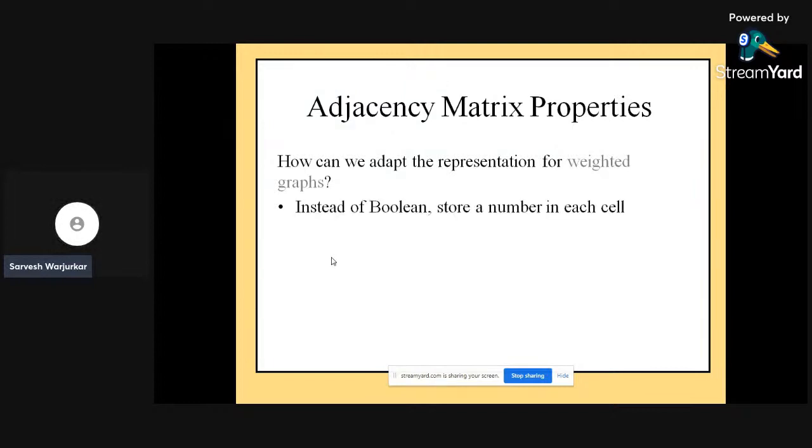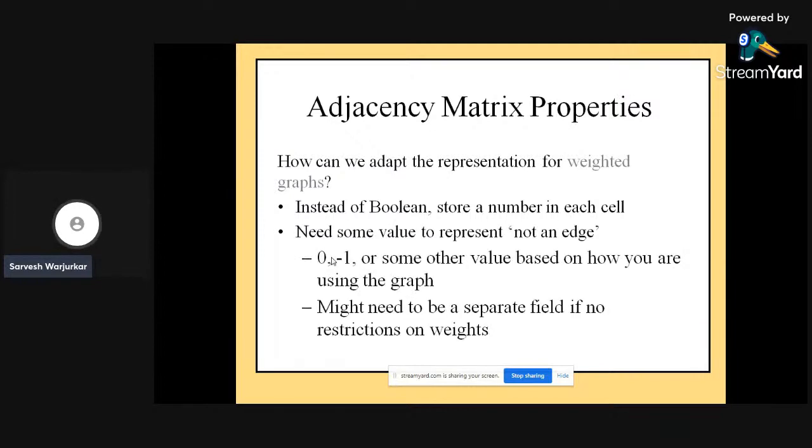Instead of boolean, we can store a number in each and every cell. And when we deal with the boolean, it really requires some value to represent that there is no edge. It may be 0, minus 1, or some other value based on how you are using the graph.